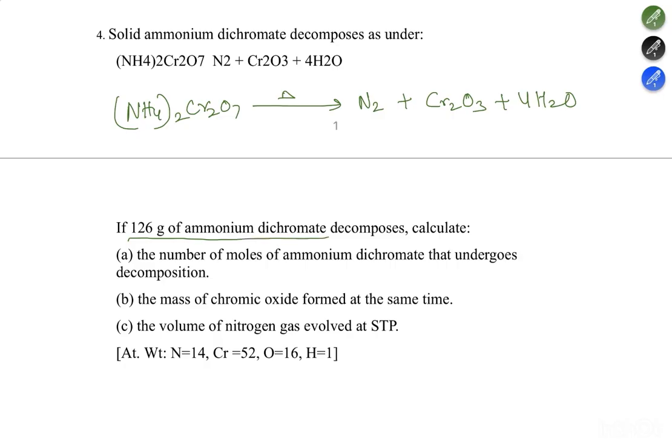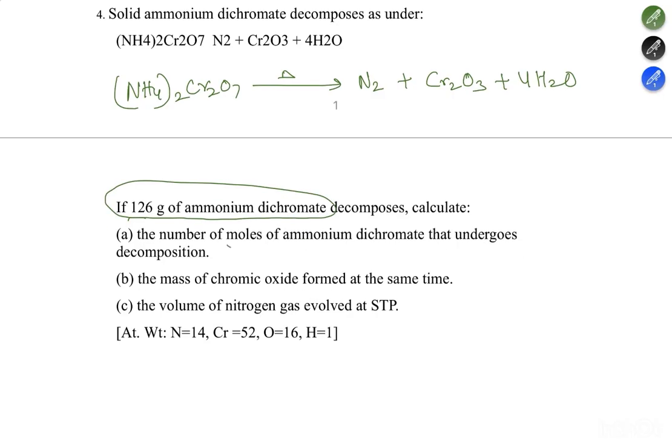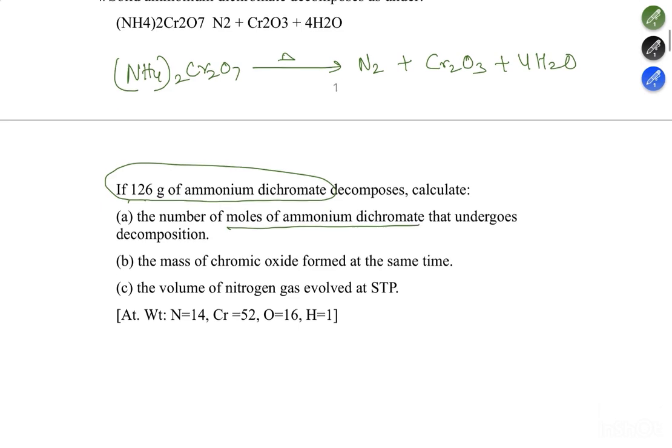They have given the mass of ammonium dichromate, and then they are asking the number of moles of ammonium dichromate that undergoes decomposition. This is a very direct question. They are asking for the same compound. So for ammonium dichromate, the mass is given as 126 gram, and for the same compound they are asking the moles. We know the formula: we divide this by the molar mass of ammonium dichromate.